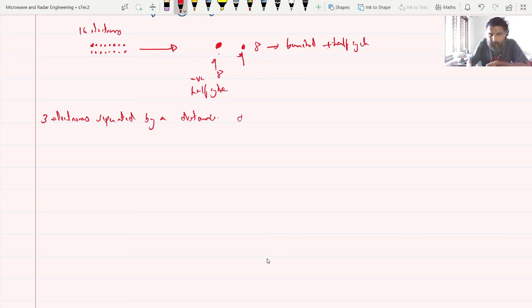So during the positive half cycle, that is from the top view, electrons are accelerated.